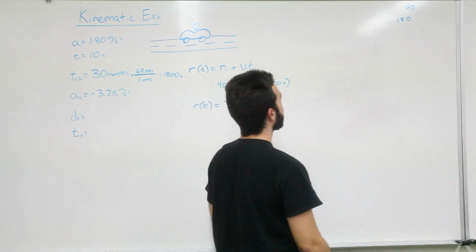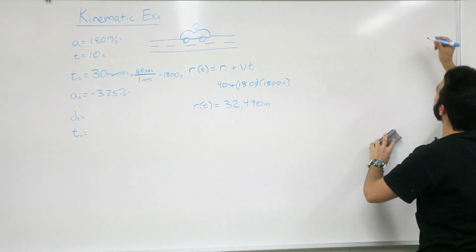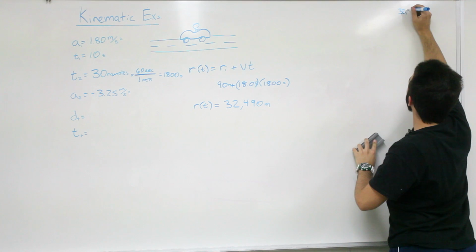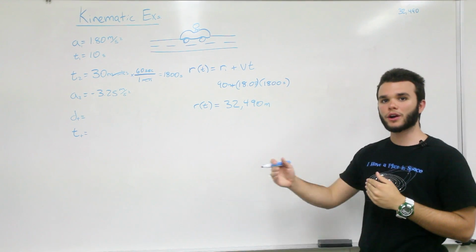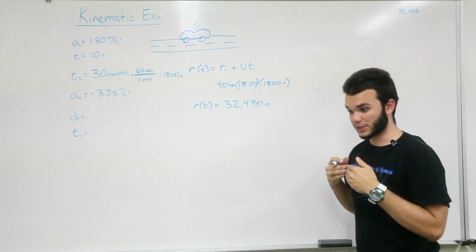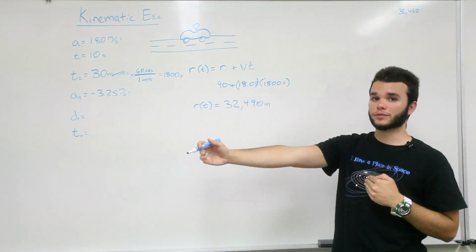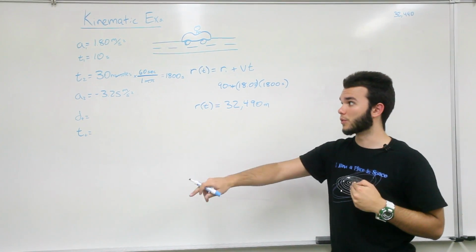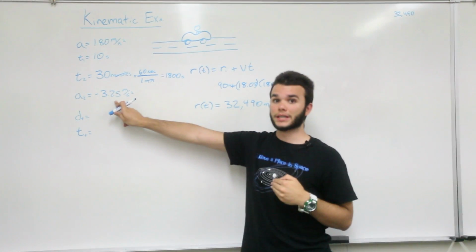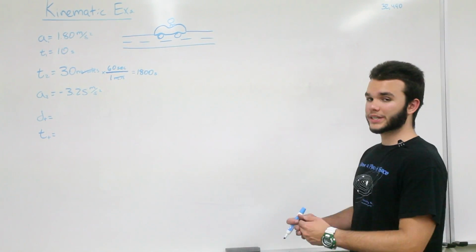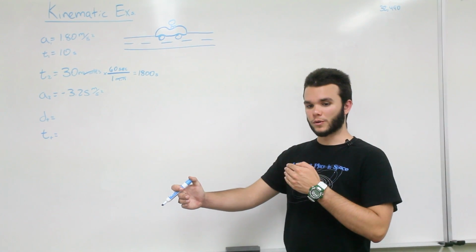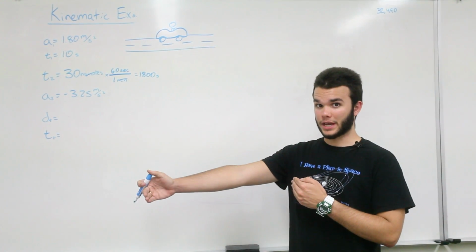So now we can erase this and write 32,490. This is the total distance we've covered from when we started till the end of those 30 minutes, which is just before we start hitting the brakes. Now we're going to solve the distance from when we started decelerating till the end.